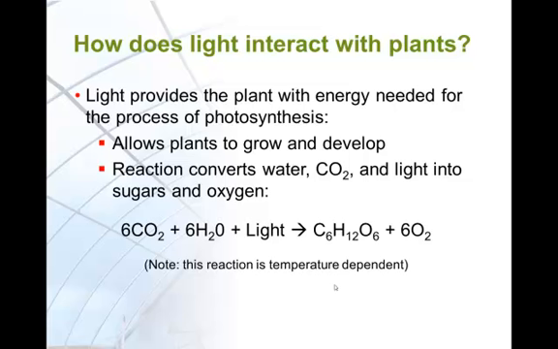So how does light interact with plants? The most important process is photosynthesis. It allows plants to grow and develop. And that is a reaction that converts water and CO2, using light energy, into sugars and oxygen.